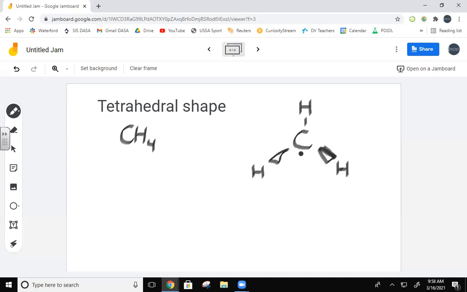Well, right now we only have 3 H's. So what we do is we go little line, slightly bigger line, big-ish line, H. What does that even mean? Well, the triangles indicate that the atom orientation is coming toward you.